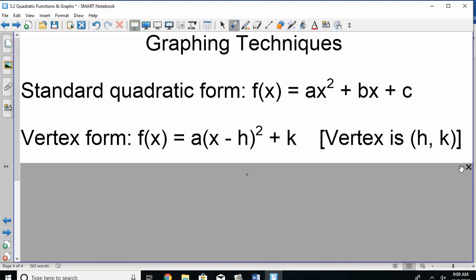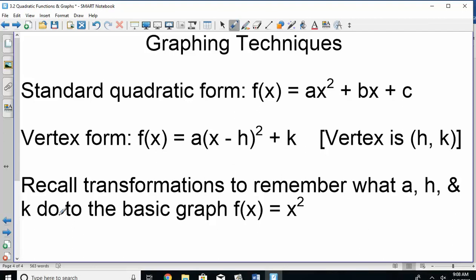And then if you were to graph it, as long as it's in that form, you could just do transformations like we've done in the past. So now we're going to get into graphing these things a little more.